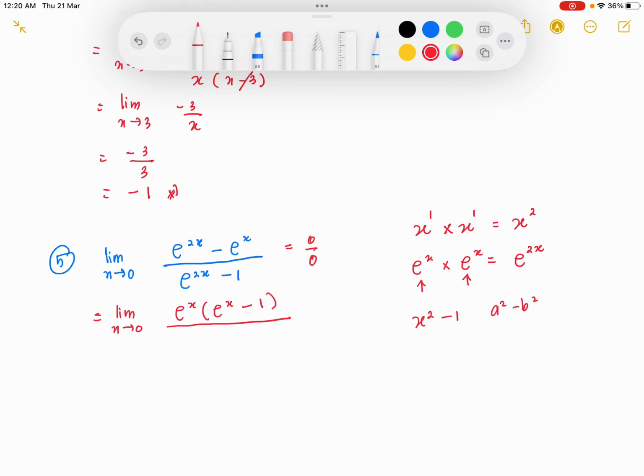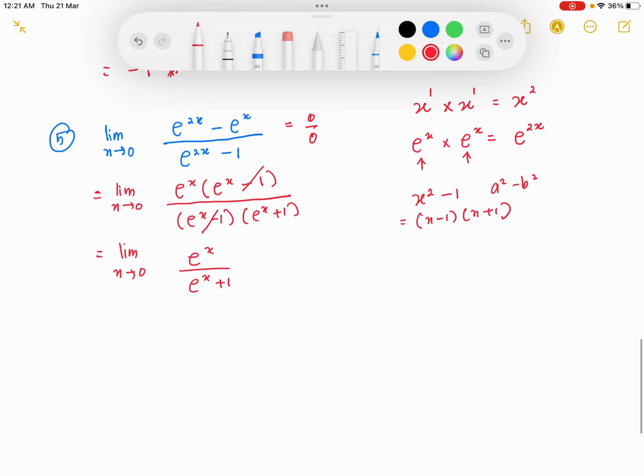So x squared minus 1 equals (x minus 1) times (x plus 1). Similarly for the exponent, e power of 2x minus 1, we get (e power of x minus 1) times (e power of x plus 1). So here we can cancel out e power of x minus 1. So we get the new function e power of x over e power of x plus 1.